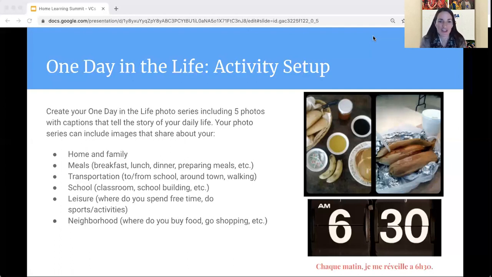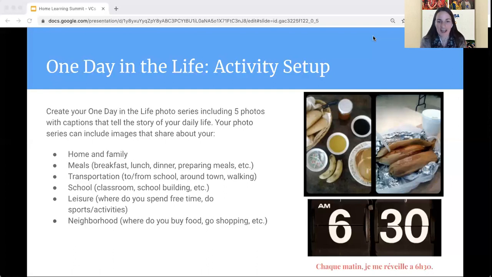Another area and theme is around school. So the school building, classroom, school mascots, anything that makes up the daily aspect of school life. Leisure activities: where do they spend free time, sports, hobbies, something that's a main part of their time for spending free time, a photo that represents that.